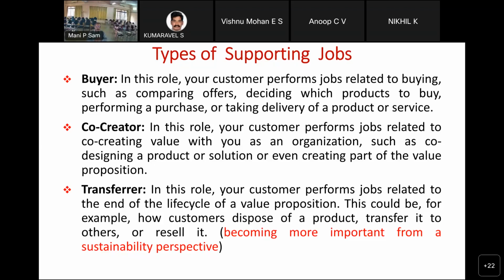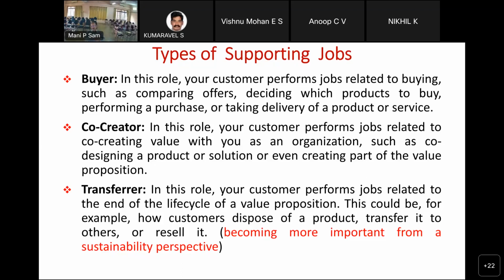And don't forget the last one mentioned here, the transferor. After the customer has finished the so-called jobs for which he has obtained the product or service, how do you dispose of it? It is more pertaining to tangible products rather than services, because it is becoming more and more important from a sustainability perspective.